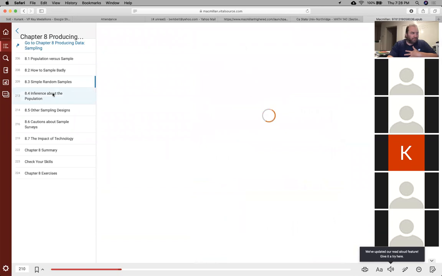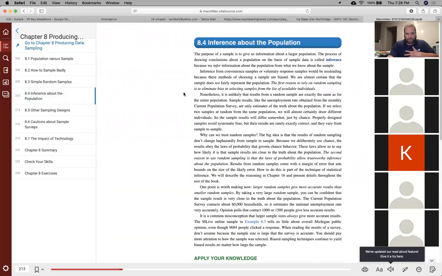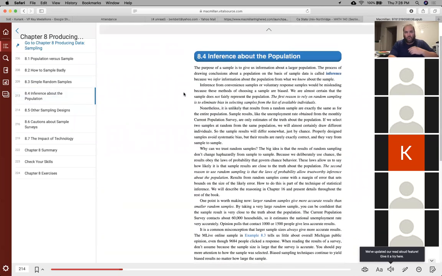So now, inferences about the population. What is the purpose of taking a simple random sample or any sample? The purpose of a sample is to make some kind of inference about the entire population.